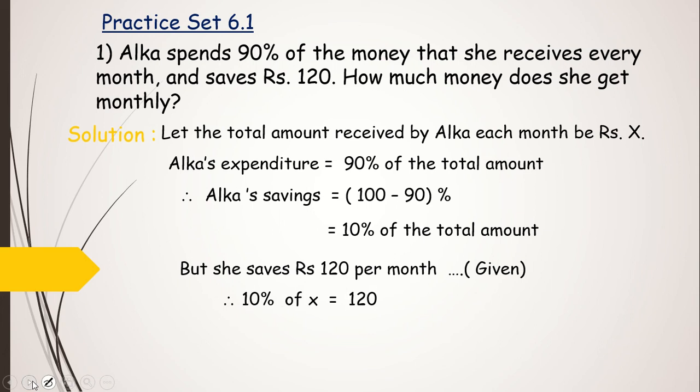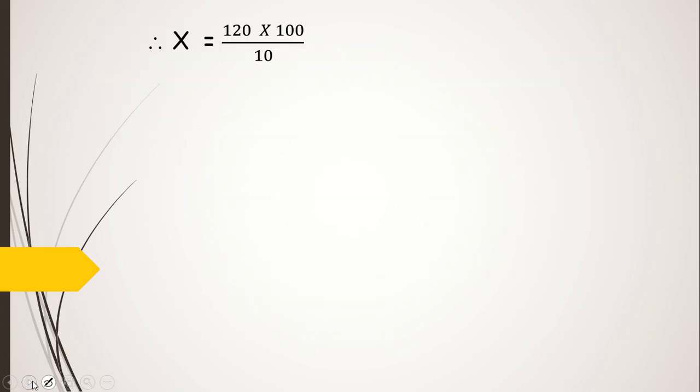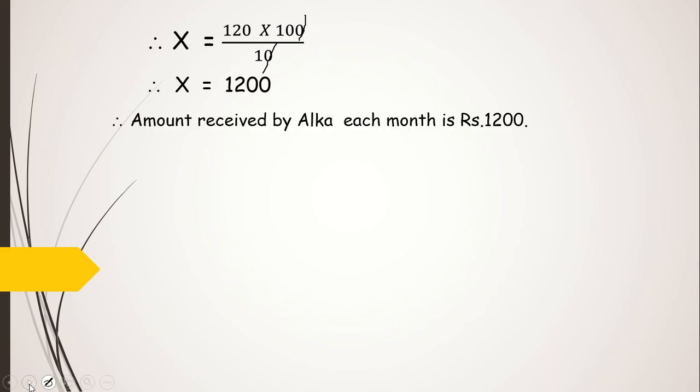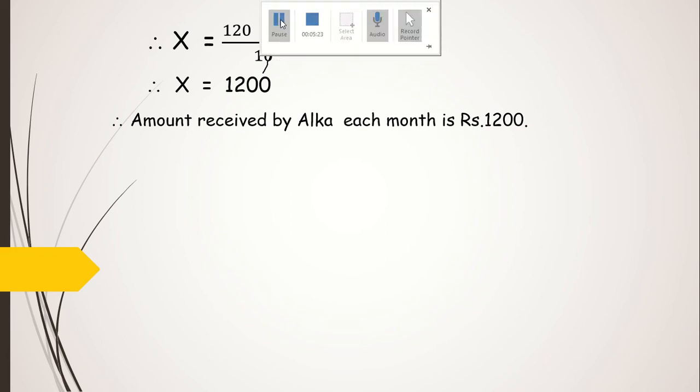So 10% of X is 120. Therefore 10 upon 100 into X is 120. And hence now we will solve. So the answer is 1200. So the amount received by Alka each month is rupees 1200.